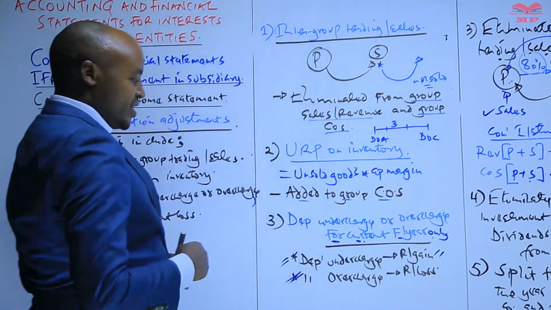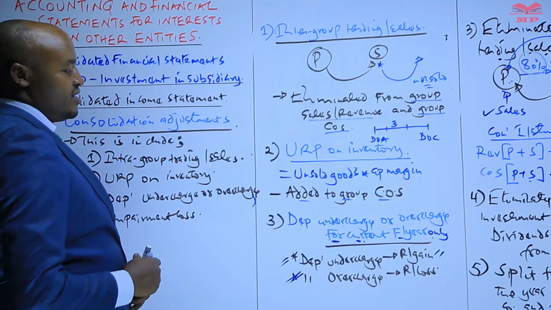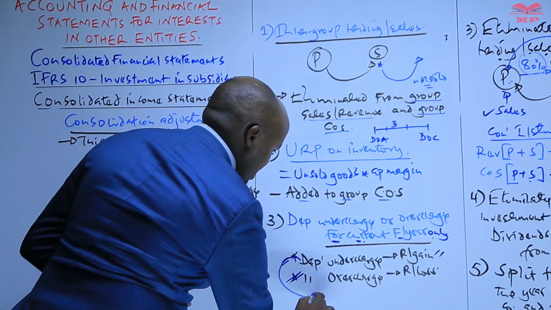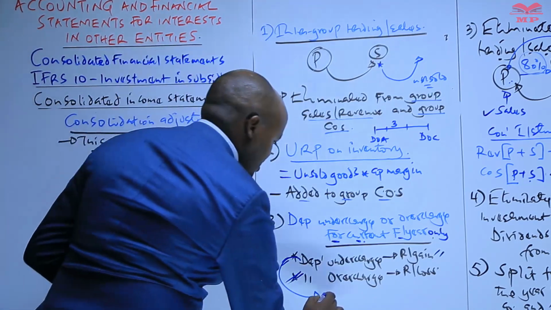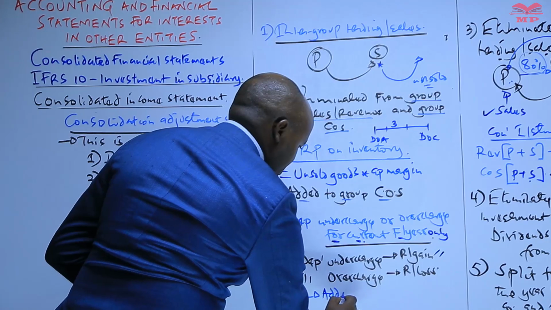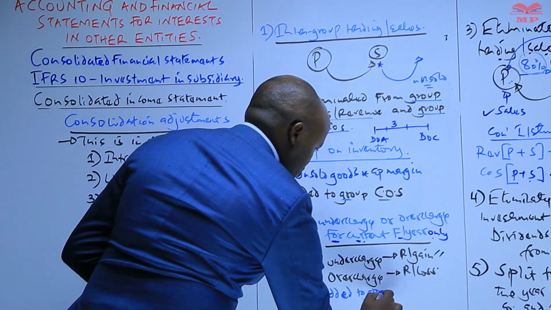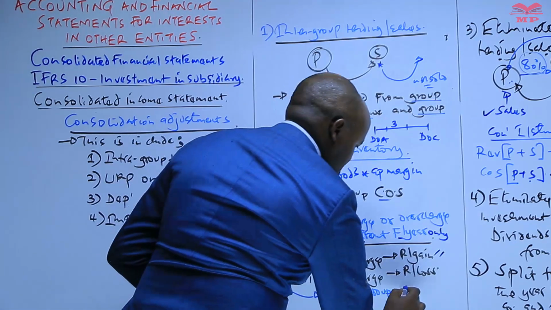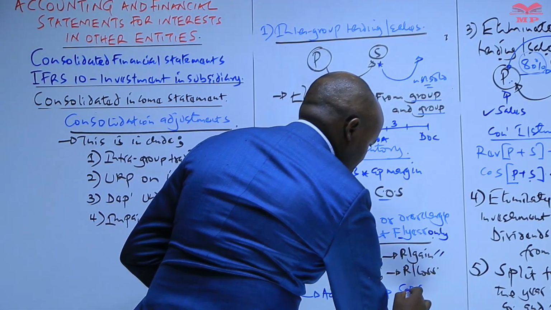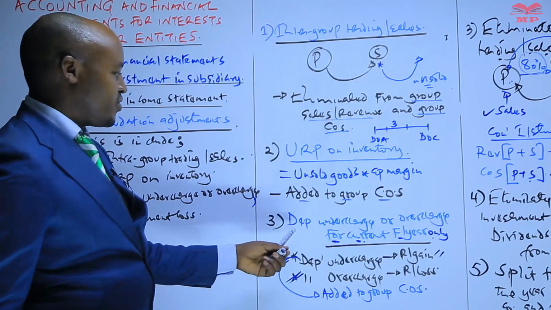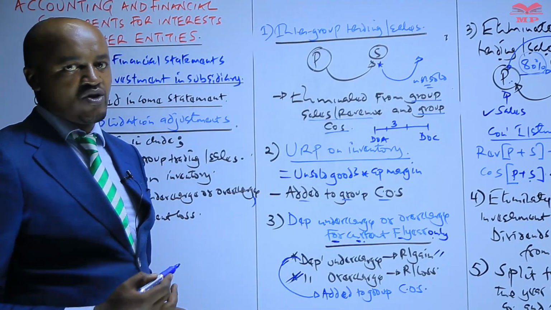So therefore, that depreciation other charge for the current financial year, unless told otherwise, is always added to group cost of sales. Reason being that depreciation is always supposed to be included as part of the cost of sales.